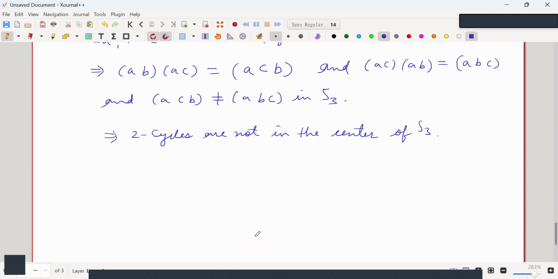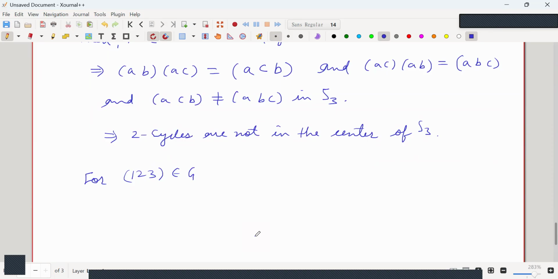They too don't belong to the center. So let us not take (1 2 3) specifically, and just take (1 2 3) belongs to G. See, (1 2 3) will definitely commute with (1 3 2) because (1 3 2) is the inverse of (1 2 3), and every element commutes with its inverse, right?